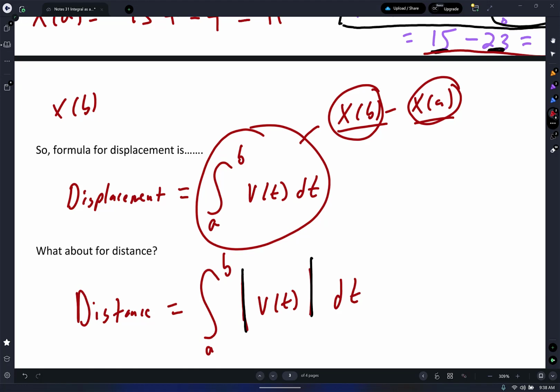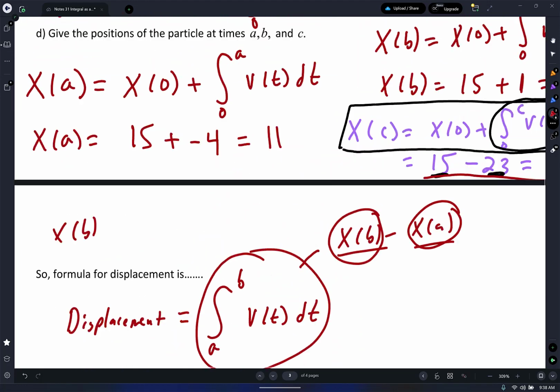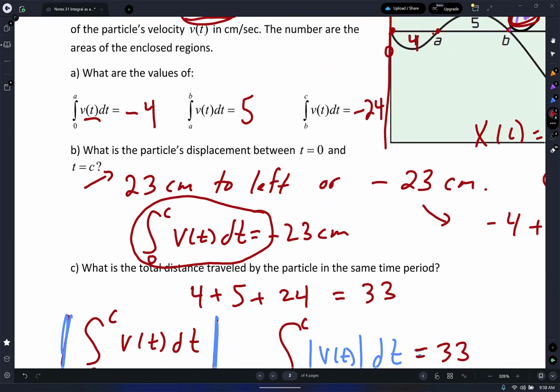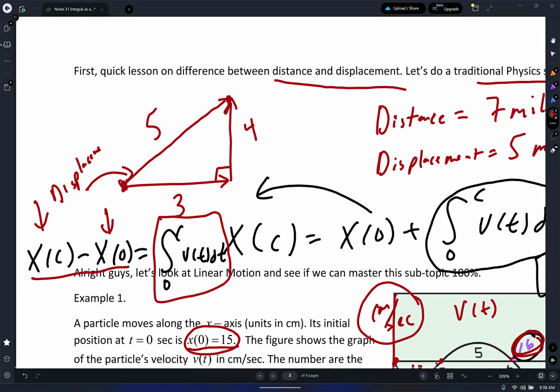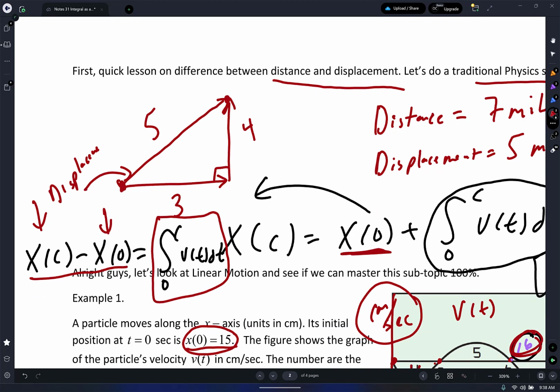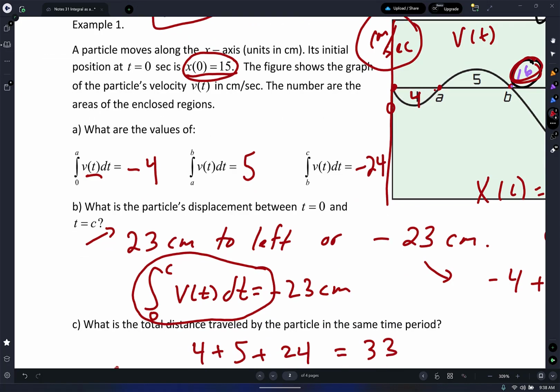That's what I was trying to show you up here, how it doesn't matter how you do it. If you're not a robot, you understand it. Why did I write it like this? My final position is equal to your initial position plus your displacement. You move that way, and you have the definition of displacement anyways, x of c minus x of 0. Does that make sense? Perfect.